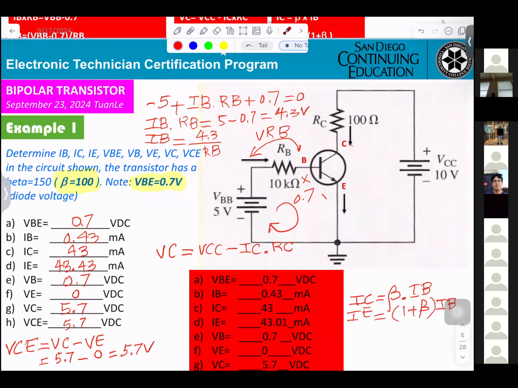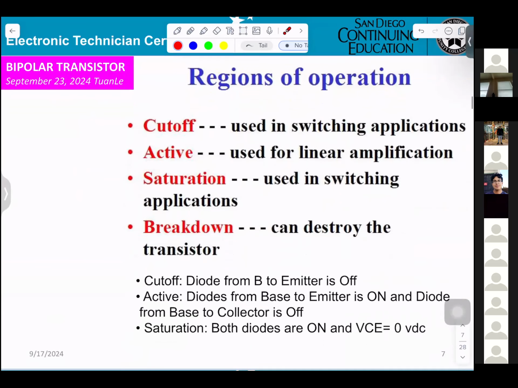Remember, a transistor has two diodes. For NPN, you have one diode C to B, and another diode from B to E. So for active, the diode from the base to the emitter is on, and the diode from base to collector is off. If saturation, both diodes are on.